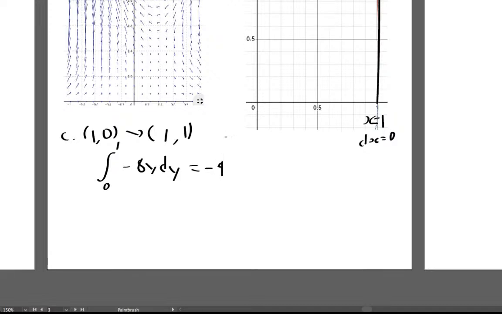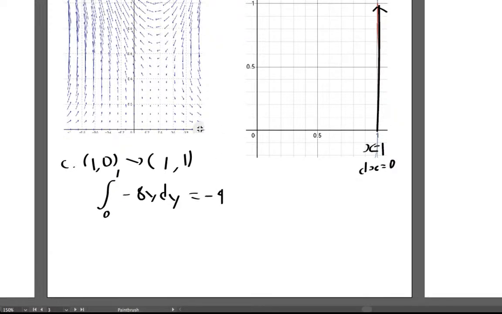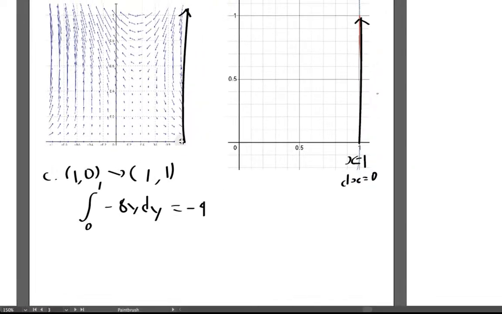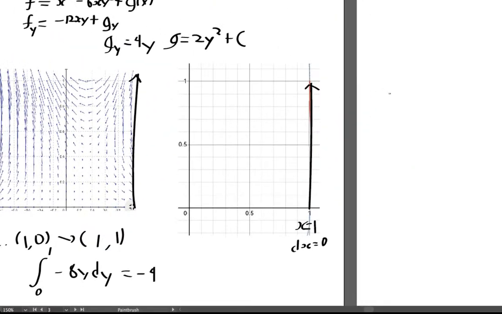And why is it negative? When you go up like that, the vectors go downward, like it just wants to ruin your work. That's why it's negative. You figured that entire thing out. Good job. Okay?